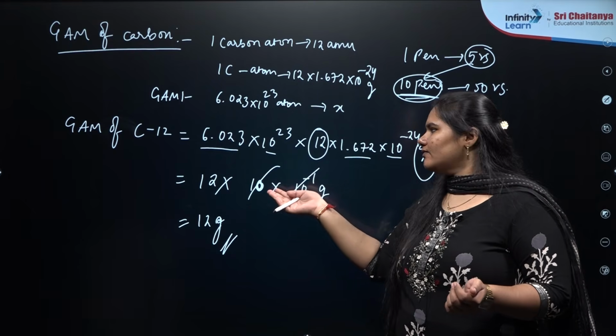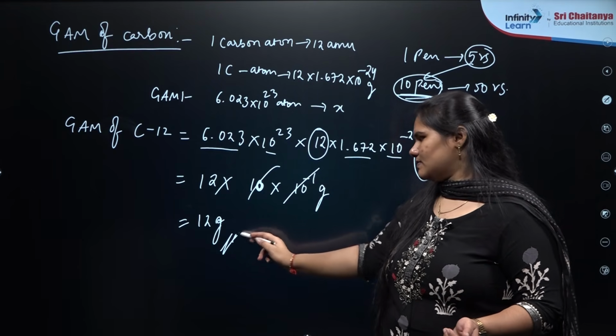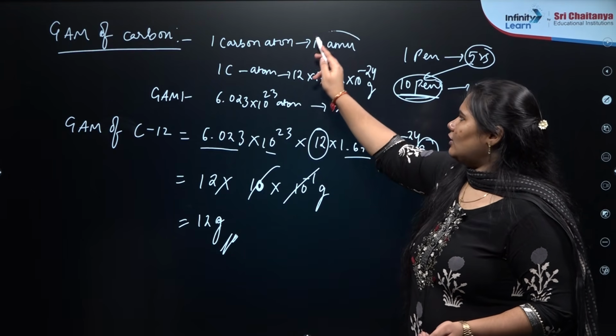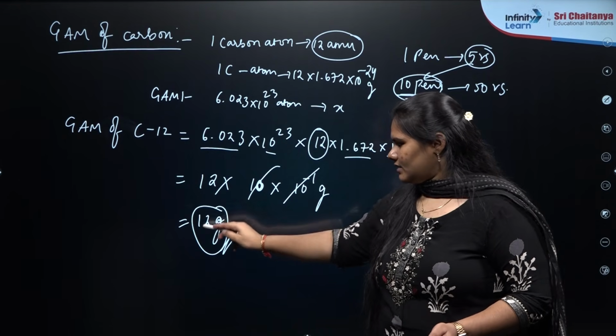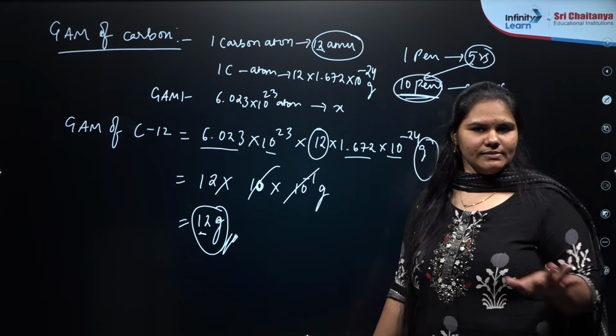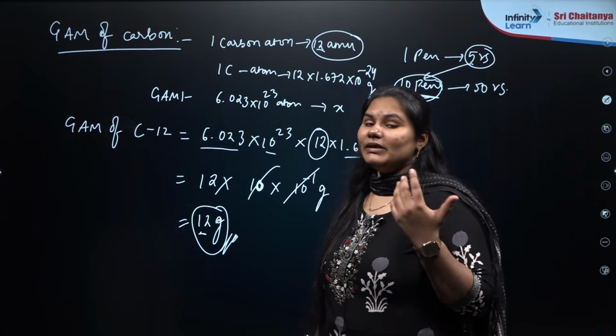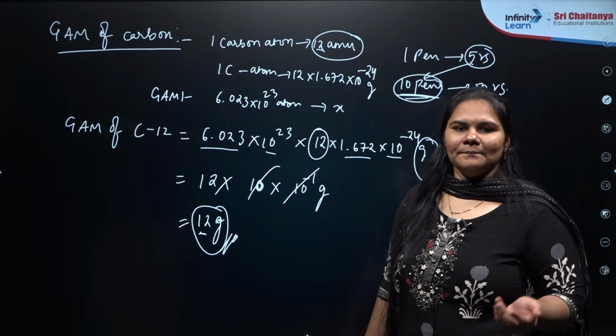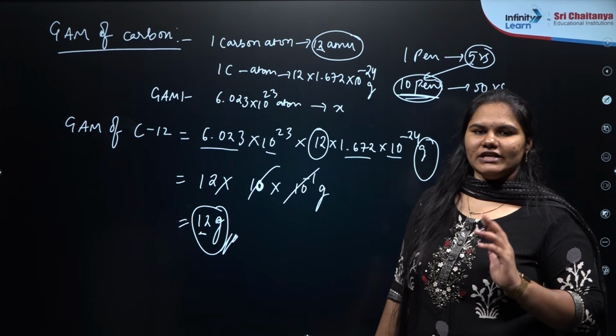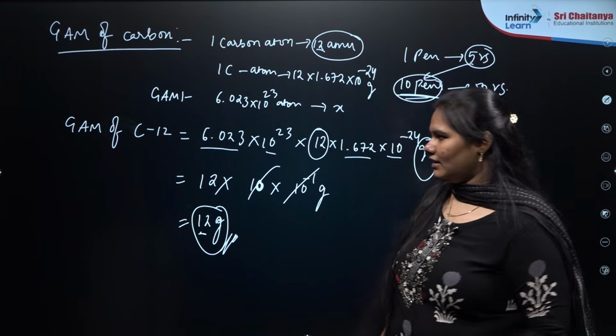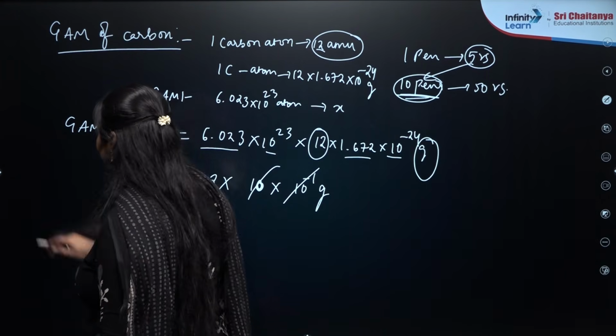Gram atomic mass is for 1 mole, so we get 12 grams. The number, 12, is the same for both, and the units are AMU and grams. Of course, you will remember it as the same number with different units, but it is not just the units that differ, it is also the number of atoms we are taking. That's the main difference.